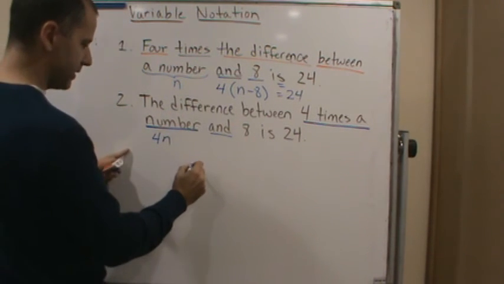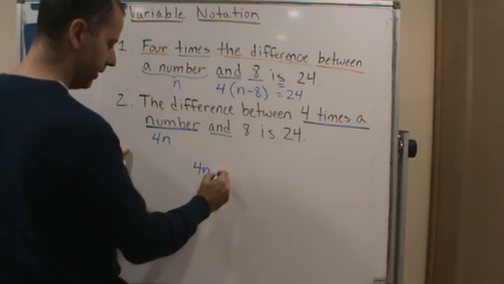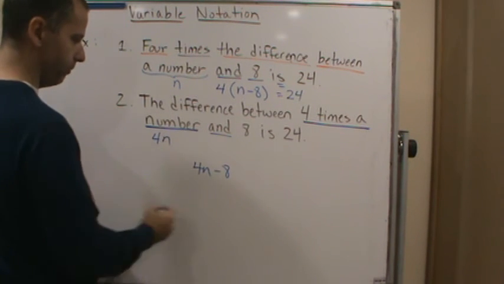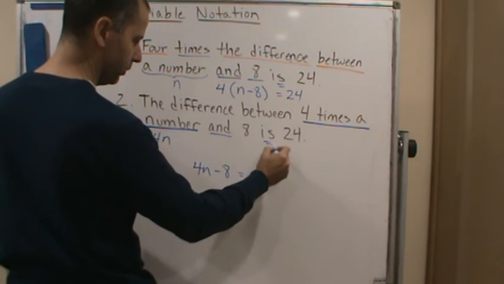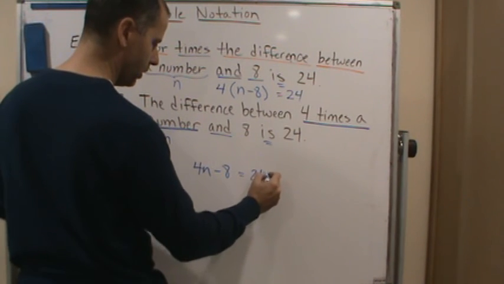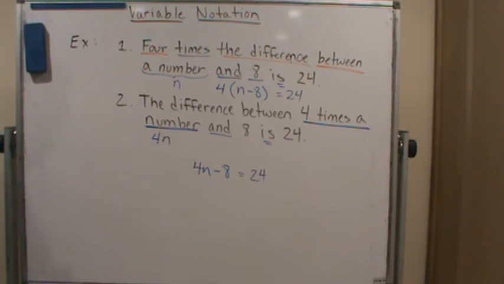That translates into 4n minus 8 equals 24. See the difference? So be very careful when you're reading problems, because phrasing and the order and how we write things is very important. Okay? See ya.